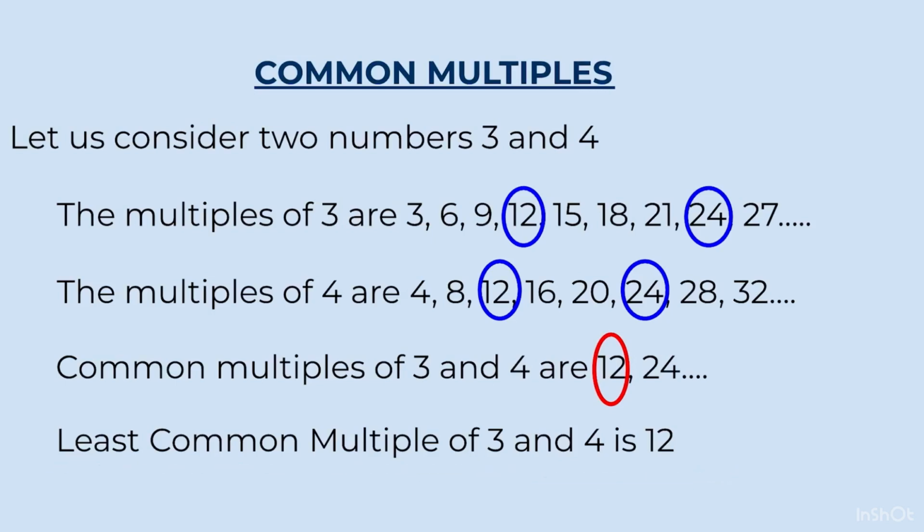Now let's take the school scenario. The morning bell rings at 8 o'clock. Then for the primary section, it rings after every 30 minutes. For the senior wing, the bell rings after every 40 minutes. When will the two bells ring together at the same time, so that the entire school can have the break at the same time?